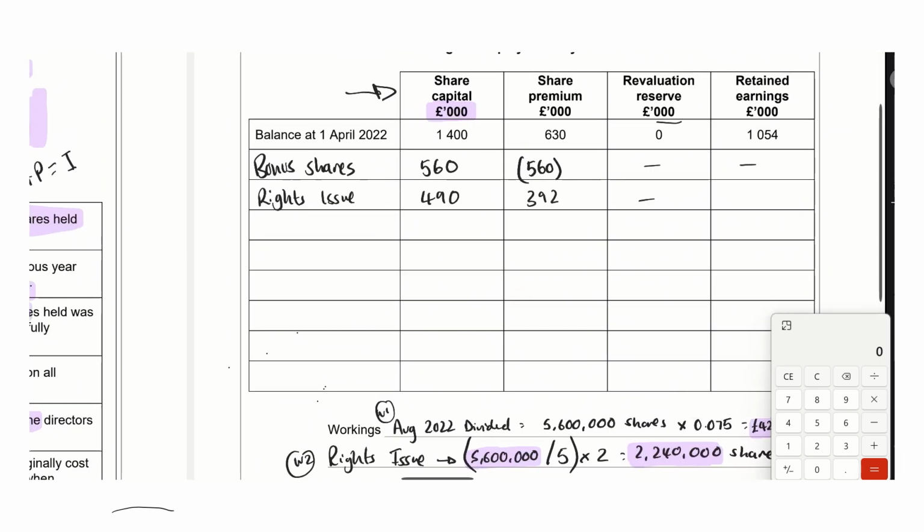So nothing goes here, nothing goes there. And actually, you can put an X because nothing will ever go here, nothing will ever go there. When you do a rights issue, it has no impact on your revaluation and no impact on your retained earnings.